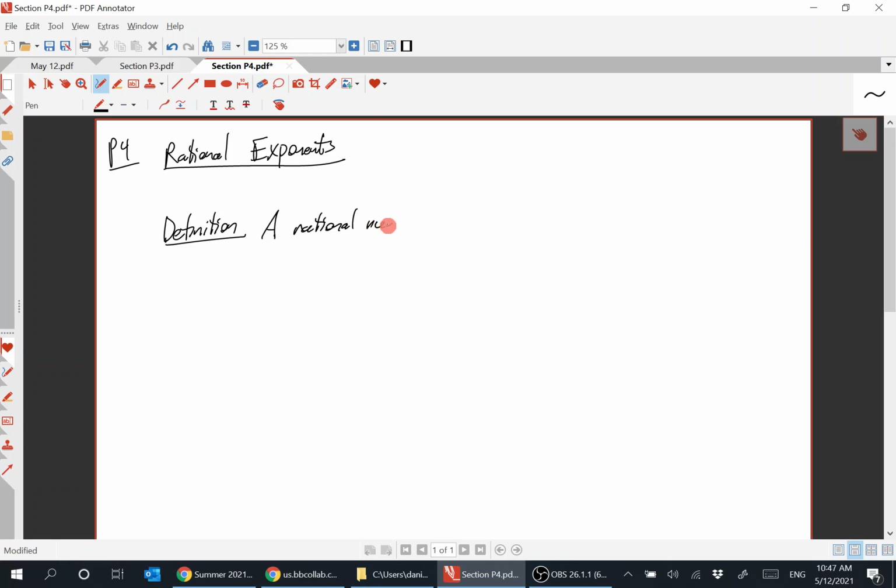Actually, no. A rational number is a whole number, well, an integer, let's say, or a fraction of two integers.